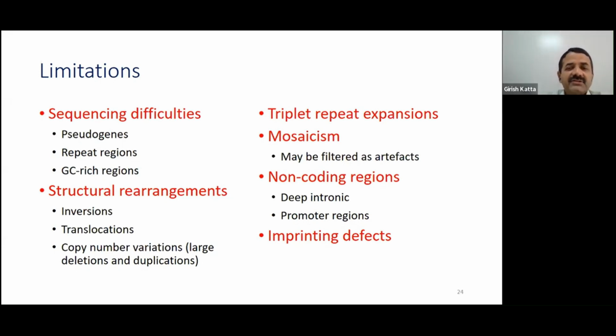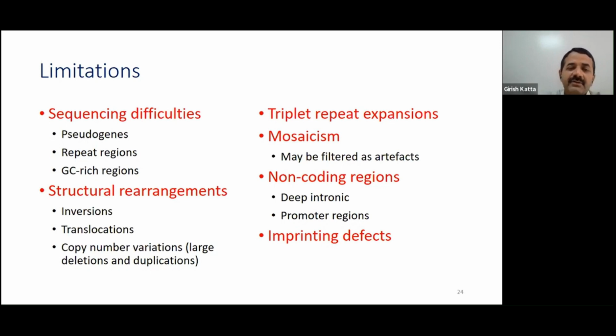Second thing is inversions, translocations cannot be detected by exome sequencing, but they can be detected by whole genome sequencing. That is something which you need to remember. Traditionally, copy number variations are not detected by NGS or exome sequencing. Okay? Whole genome sequencing can detect copy number variation.